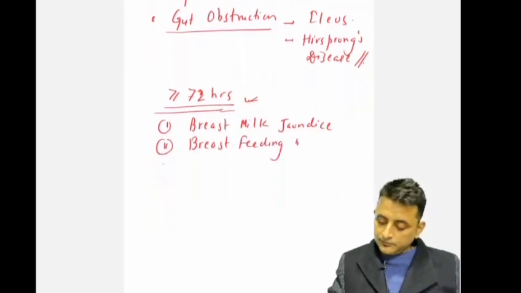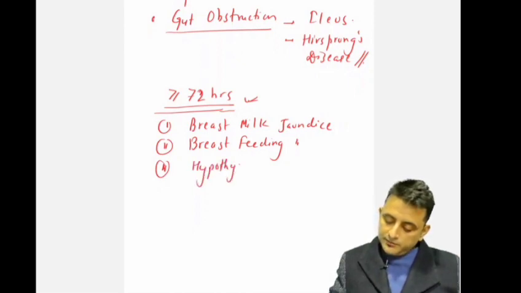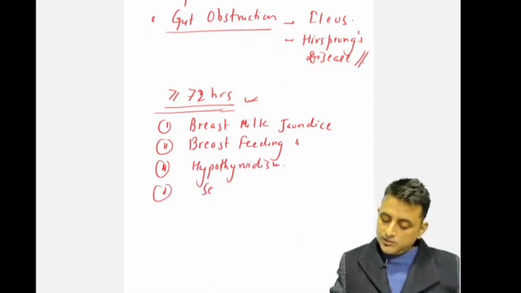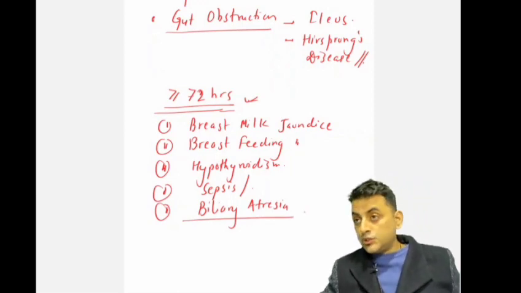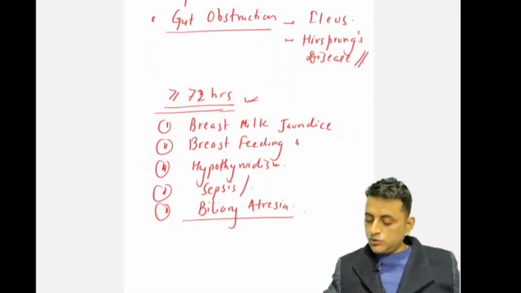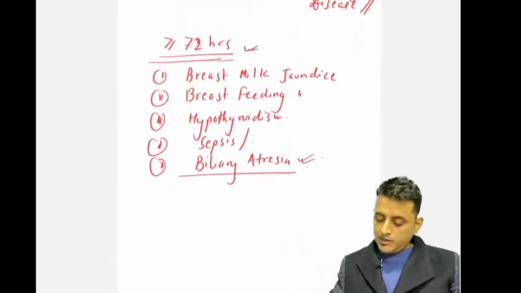Other causes can be hypothyroidism, neonatal sepsis, even biliary atresia. If a baby is passing clay colored stool with deep jaundice, you should always suspect biliary atresia.